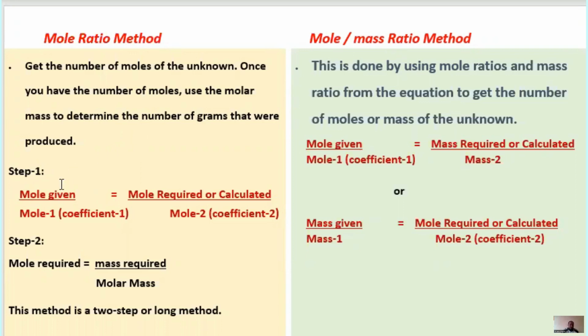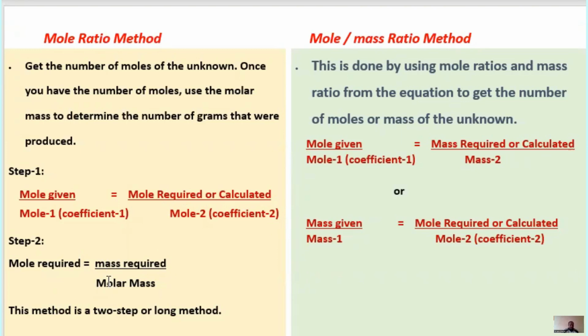Step 1: moles given divided by the moles of the given, which means the coefficient, equals moles required or calculated over the moles or coefficient of the required or calculated. Step 2: convert the moles required or calculated into what?